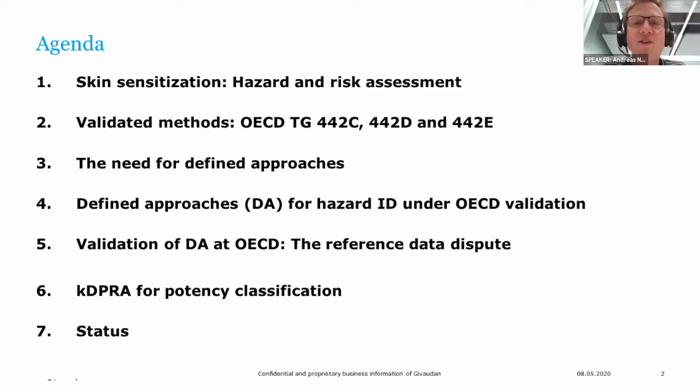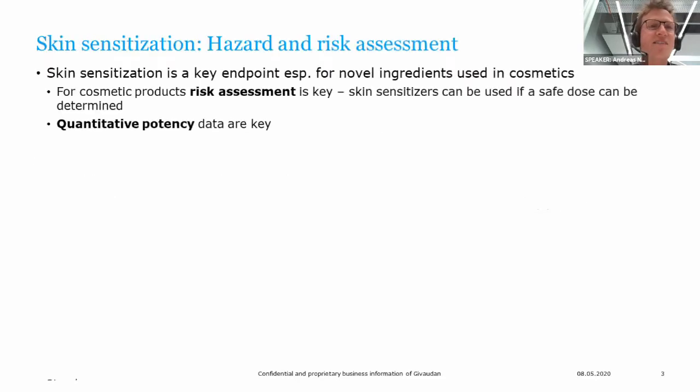I will go into the specific defined approaches being validated at the OECD and the dispute how you validate against which reference data. And I will also show you some recent development, how we now also can subclassify potency. And finally, wrap up with the status where we are in terms of full replacement of animal testing.